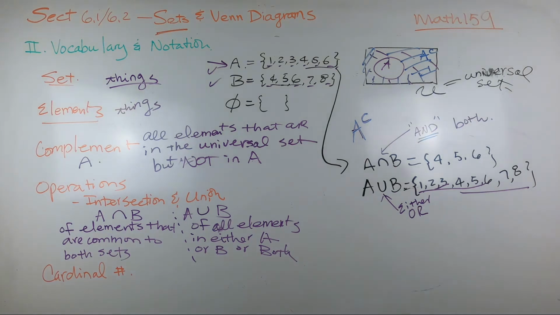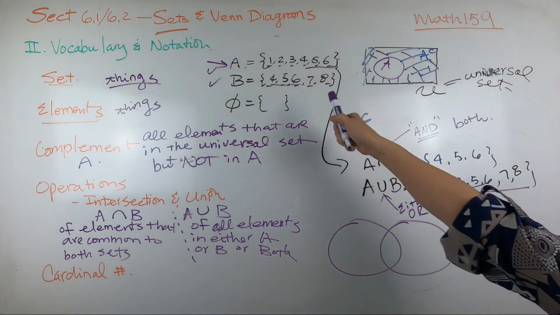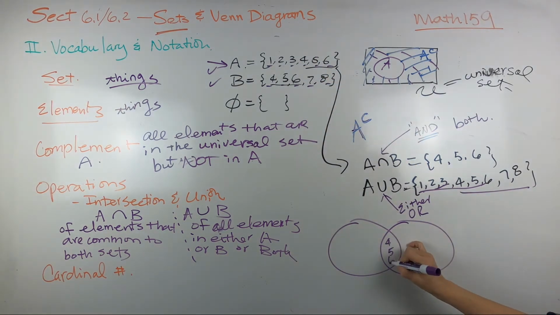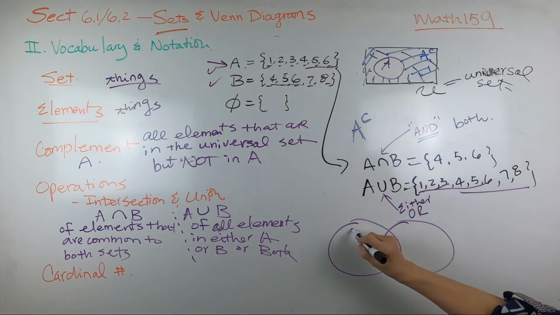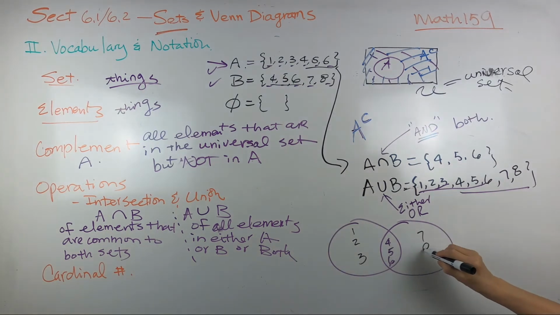So if you look at the Venn diagram, how would you see it? That's my A, that's my B. What do they have in common? 4, 5, 6. You put it there, right? Then belongs to A only, 1, 2, 3. Belongs to B only, 7, 8.